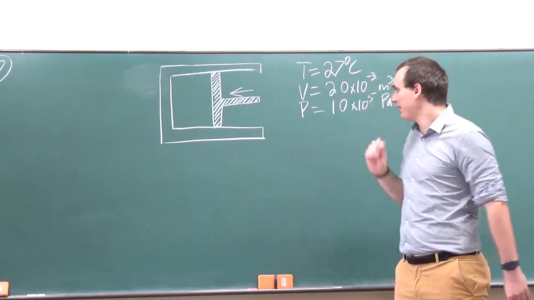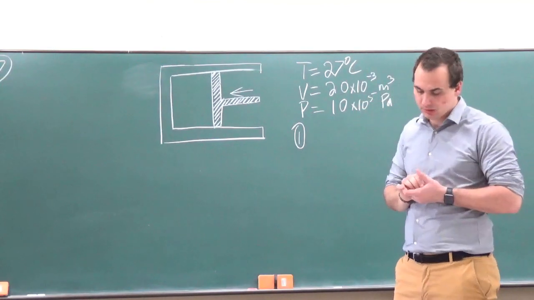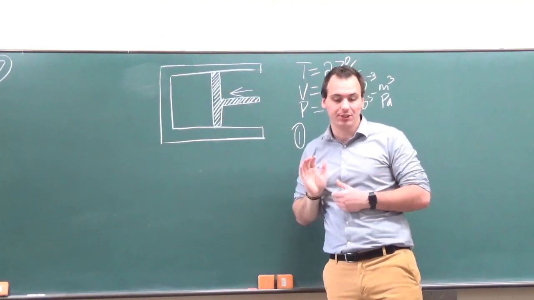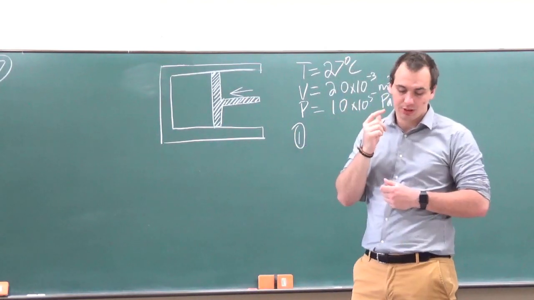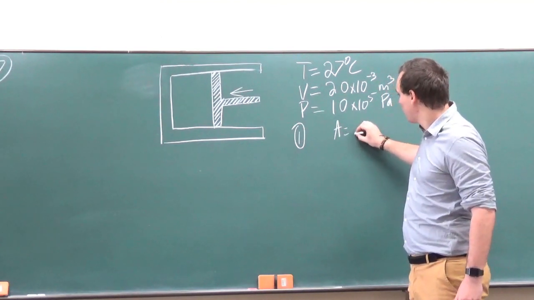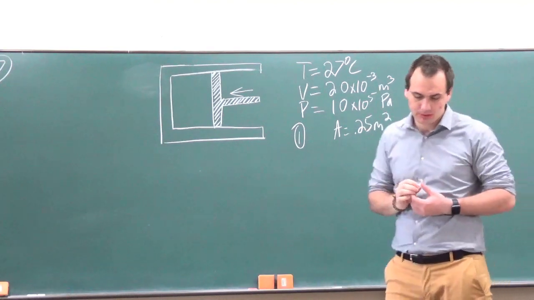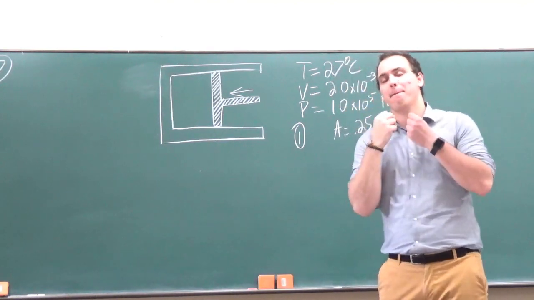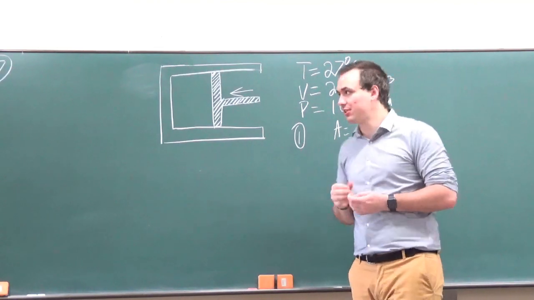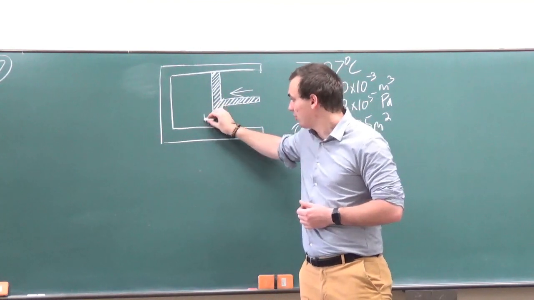Now, what is number 1 asking from us? When the cross-sectional area of the piston is, let's write that down, area is 0.25 meters squared, find out the magnitude of the force of the gas container pushing against the piston.